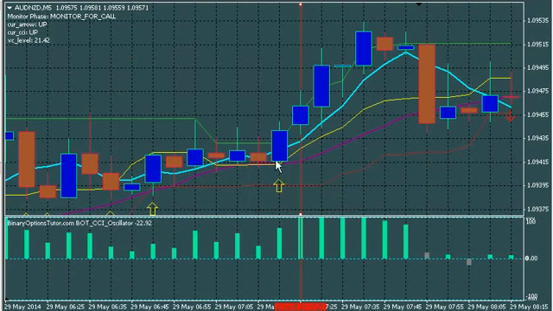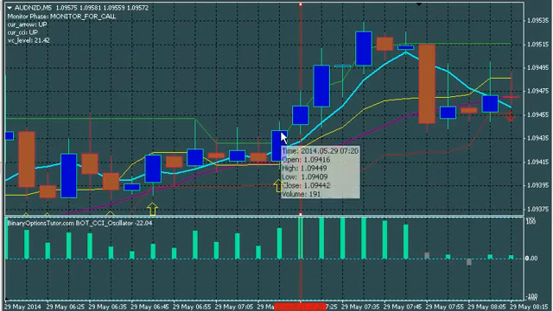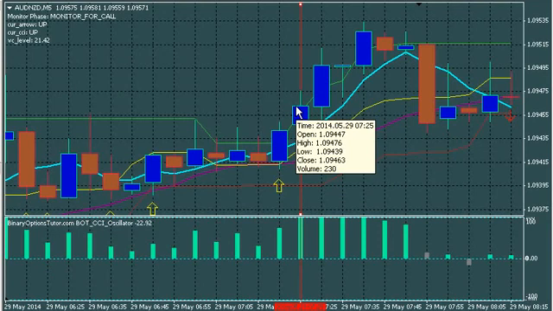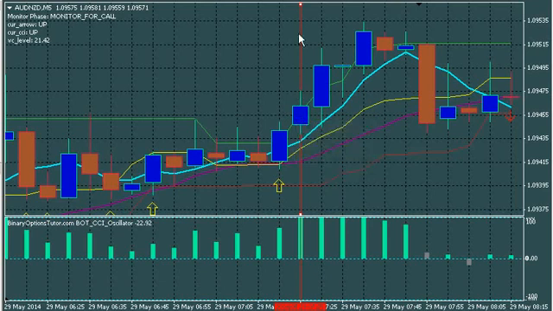So this is a healthier place here. That's why I placed this arrow, and we're going to take that touch of the neutral line, and we've got a healthy move to the upside. We were doing a call.